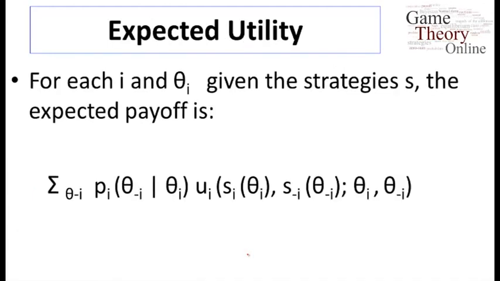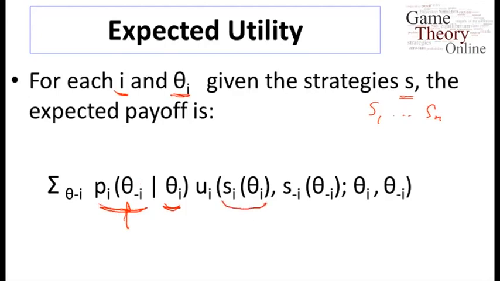Okay, now that we have the basic structure, we can talk about what the expected utility is. If we specify a given profile of strategies, s_1 through s_n, the strategies for each player, then for any given i and any type of that player, θ_i, we can calculate what they think is going to happen in the game. As a function of what they know, their type θ_i, they have some probability distribution over the other players' types. They assign a certain probability to the other players' types being θ_{-i}.